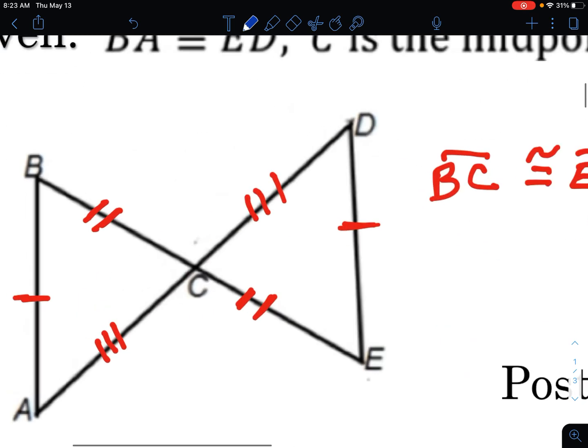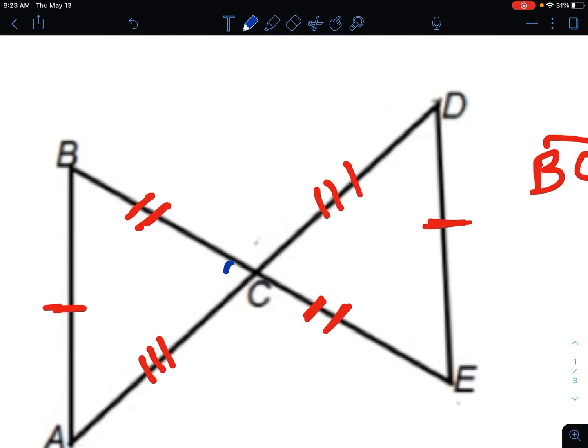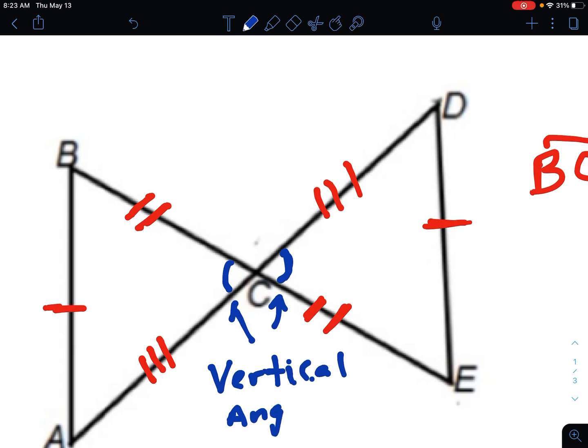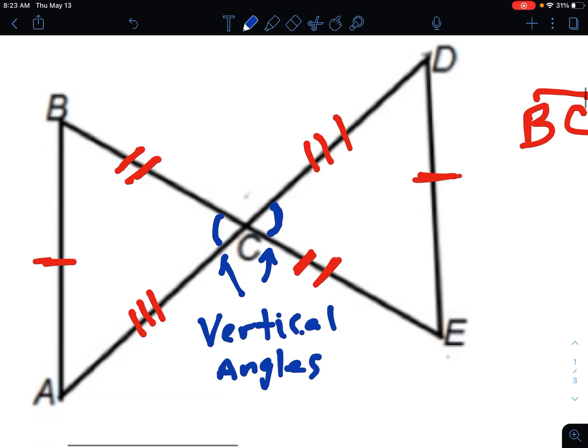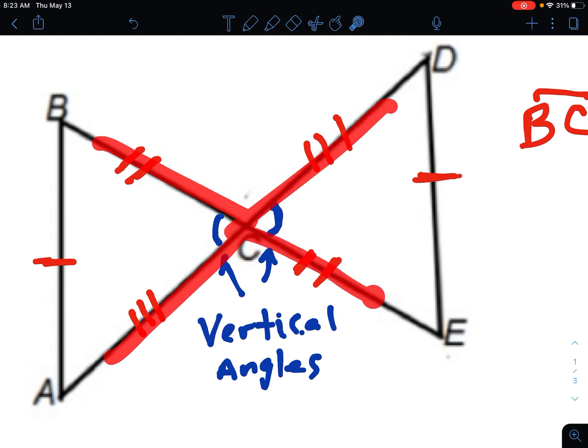We got this connected at the tips of the triangle. These two angles are congruent because they are vertical angles. So you can mark up that angle and say they're congruent vertical angles, and then now you have side, angle, side, and side, side, side.